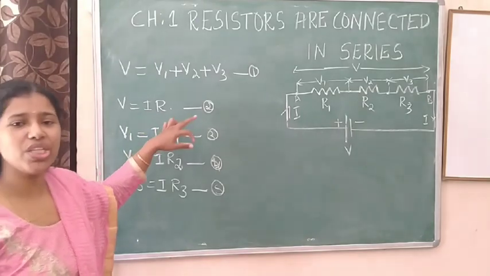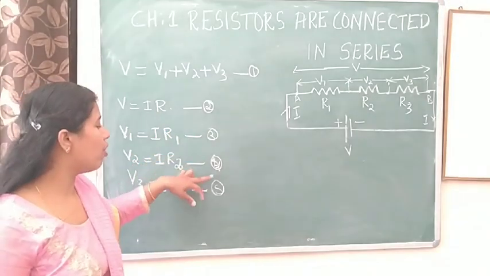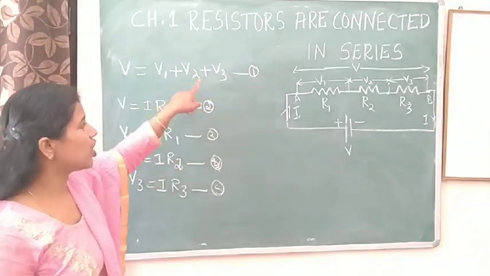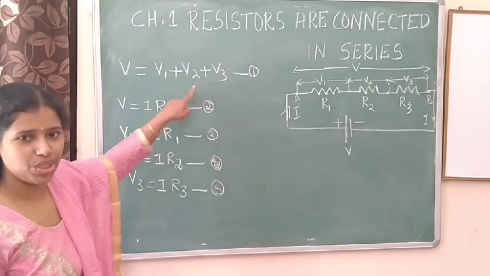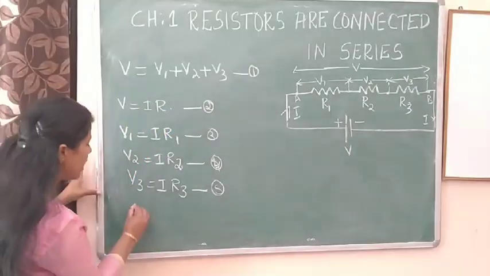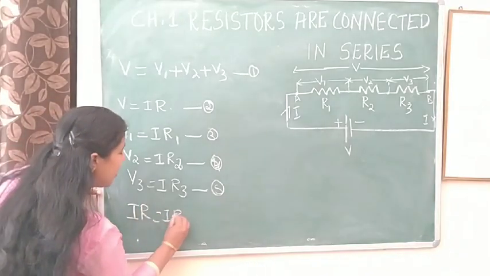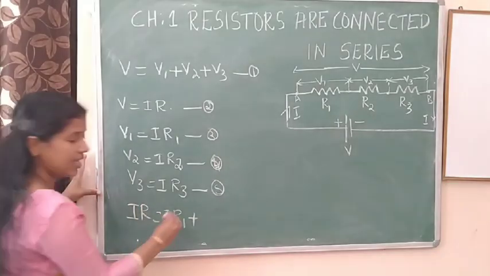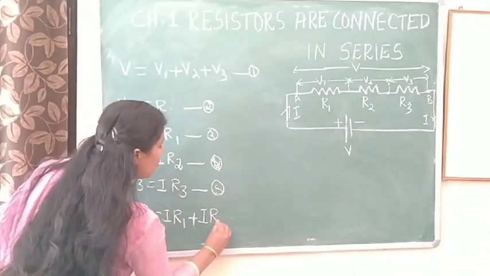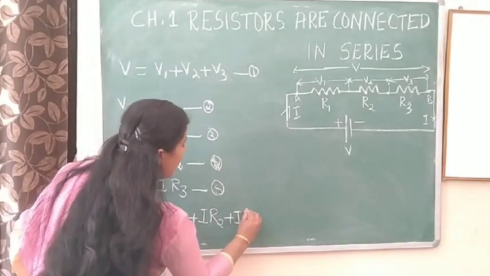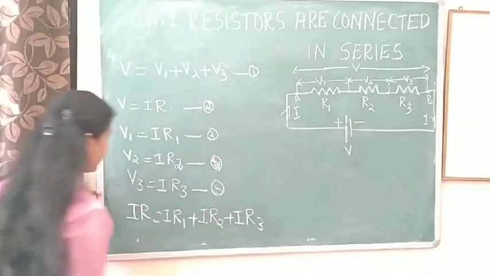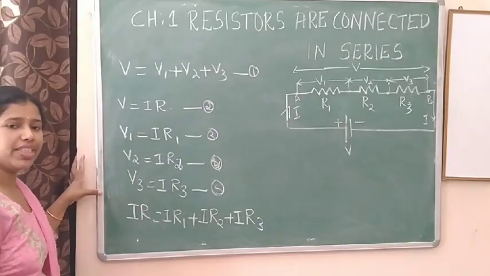Substitute equations 2, 3, 4 and 5 in equation 1. Instead of V, we write IR, which is equal to IR1 plus IR2 plus IR3. Which term is common?